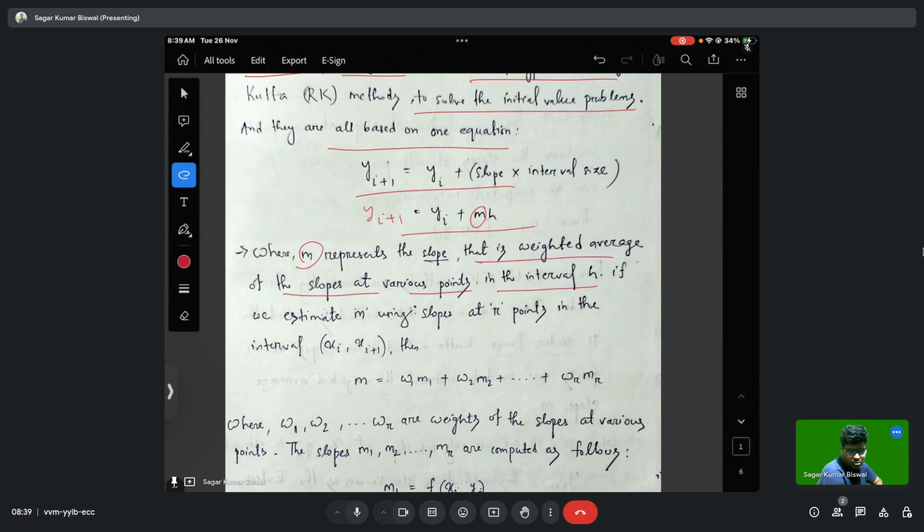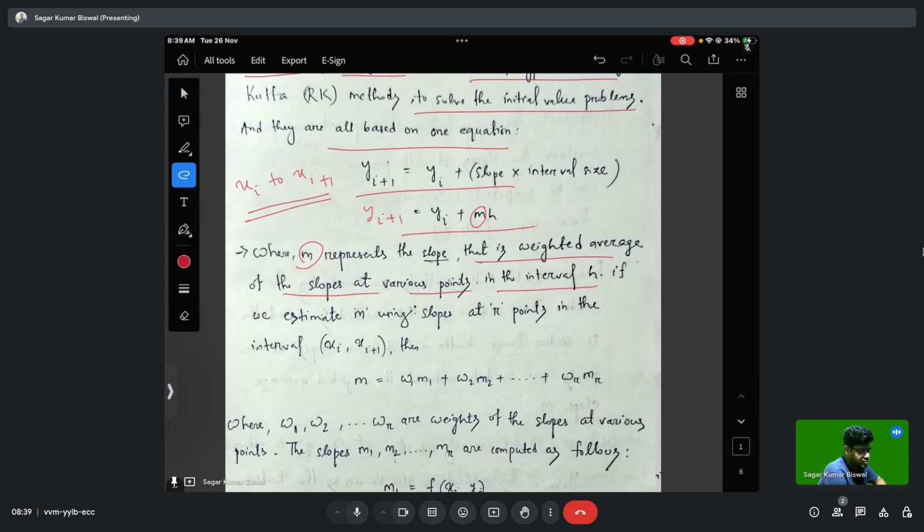What we did in the Euler method, we calculated the slope at only one point in the interval x i to x i plus 1. But we can calculate the slopes at different points, at more than one point in the interval, and that will give you a more accurate result.